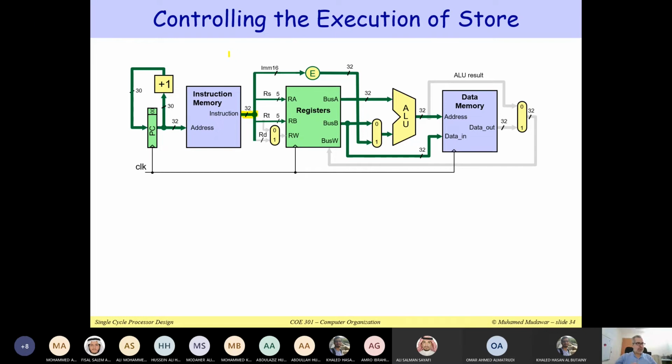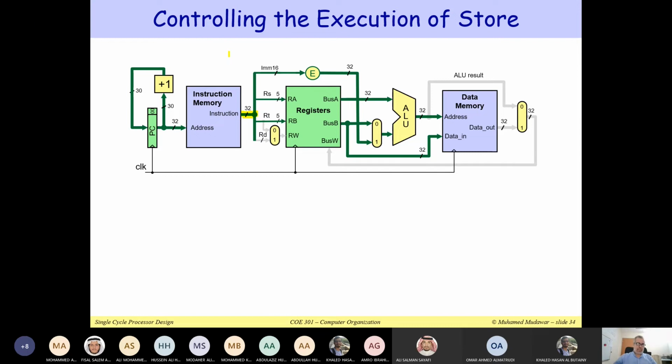But I'm not showing here the control logic. As I said, I will come back to it later. So we need to examine the opcode. If the opcode tells us that this is a store instruction, we can actually have different store instructions, like store word or store byte or store half word. Anyway, it is a store.